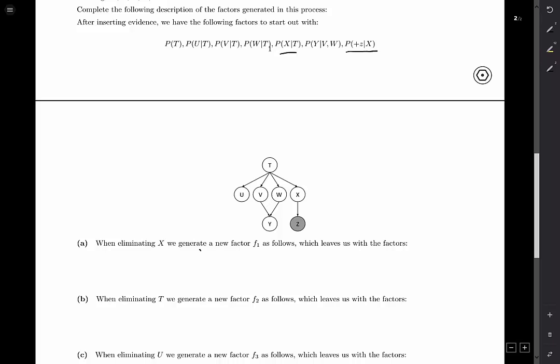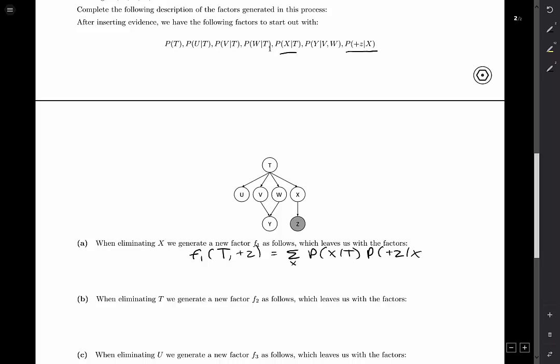So my new factor, f1, is going to be a function of all of the underlined factors and the variables that are not x. So I'm going to have t and plus z. So that equals, I'm going to sum out over x, the probability of x given t, and probability of plus z given x.